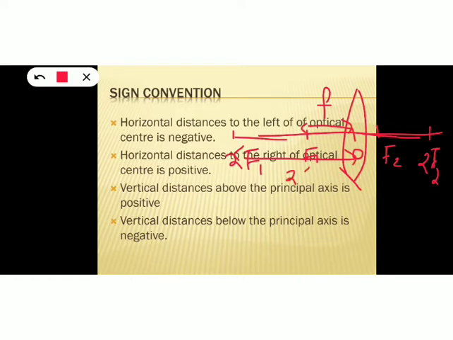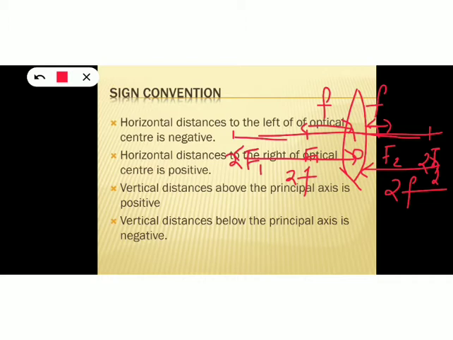It will be twice the focal length. Here also the distance between the optical center and the second focus will be the focal length. At the same time, the distance between the optical center and 2f2 will also be twice the focal length. So a lens has two foci and both the foci will be at the same distance from the optical center. That means a lens can have only one focal length.